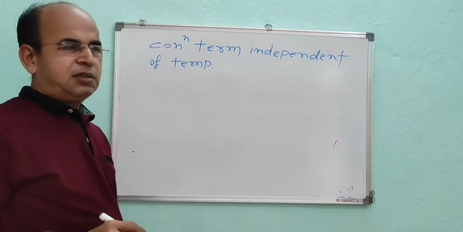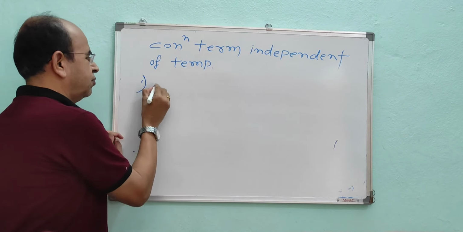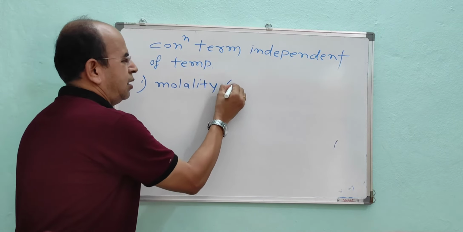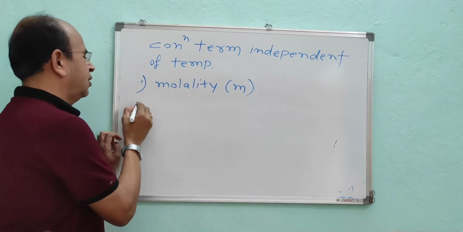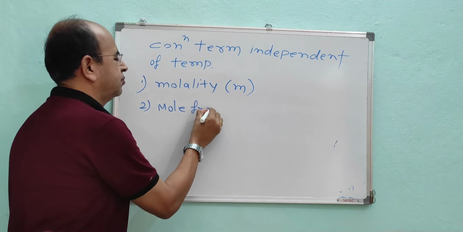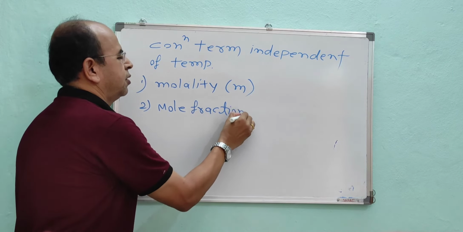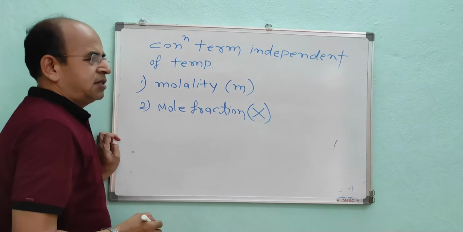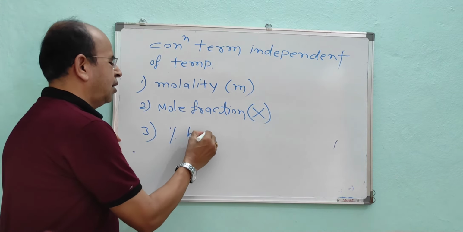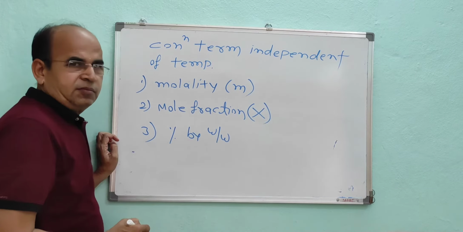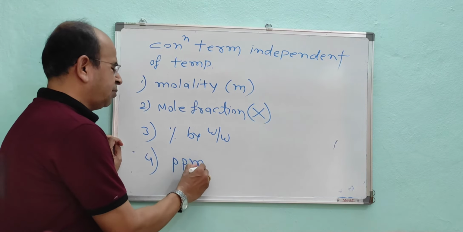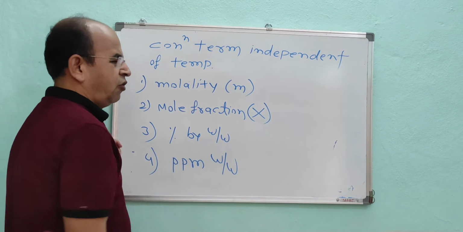What are these? These are molality, which is shown by m; next is mole fraction, which is X; then percentage by weight; and the fourth one is ppm, parts per million, which is also weight by weight.